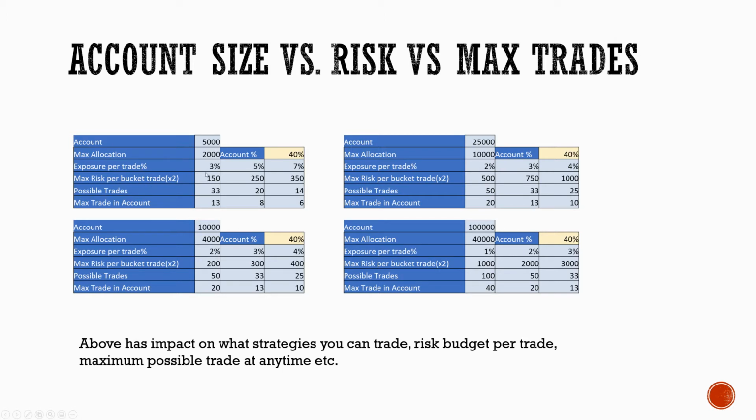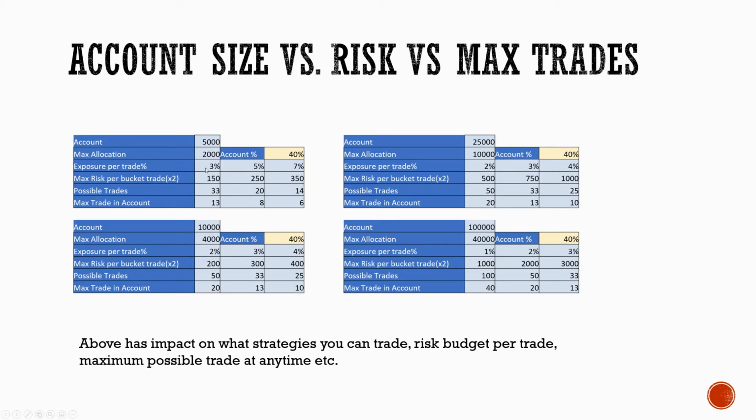So, as an example, if you have an account size of 5,000, ideally what is recommended is to have exposure or a risk per trade on the lower side of the spectrum. Usually it should be 1 to 2%, but since a 1 to 2% risk per trade will not give you good trades to put on, I've taken 3% here.